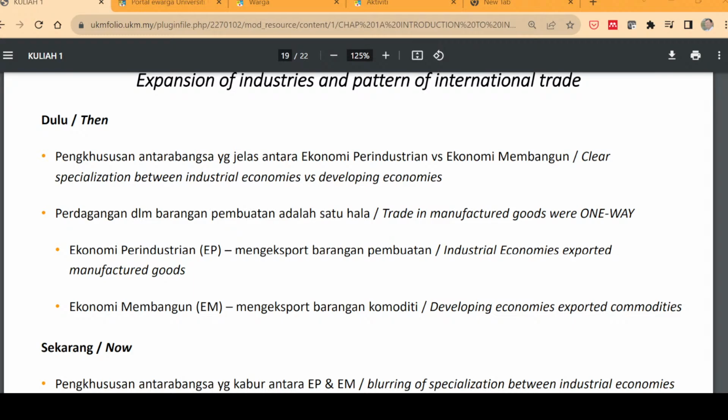In the past, they had high income, upper middle income, lower middle income, and low income. Low income, they called it less developed countries. That's how the classification is.